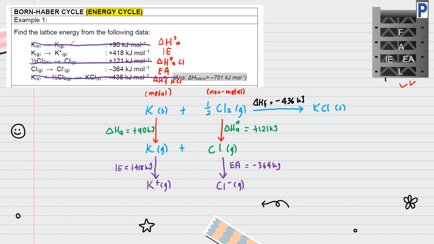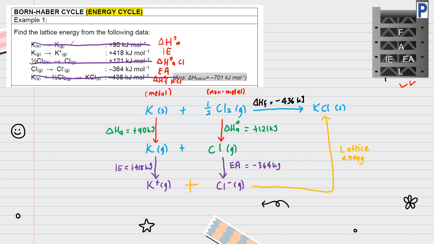Okay, so kita dah fill up semua energy, dah ambil dah semua energy. So last kali K plus tambah Cl minus, okay, kita akan produce KCl solid. So this one adalah kita punya lattice energy.